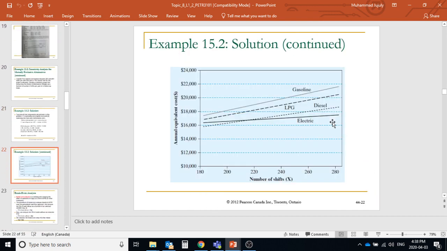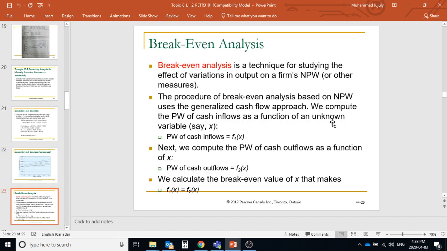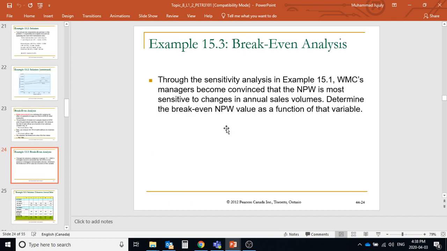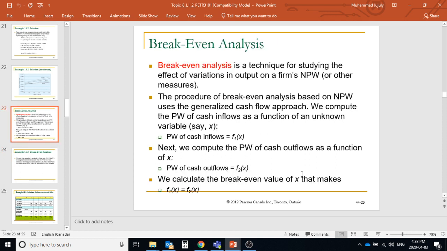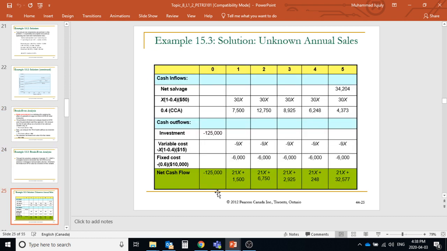Now we'll also do the break-even analysis, and we have already discussed what the break-even analysis is. Break-even analysis is the point at which the cash inflow and the cash outflow become equal.